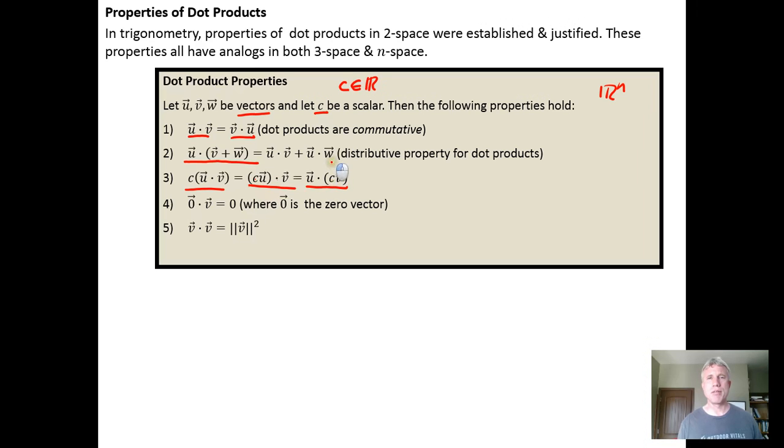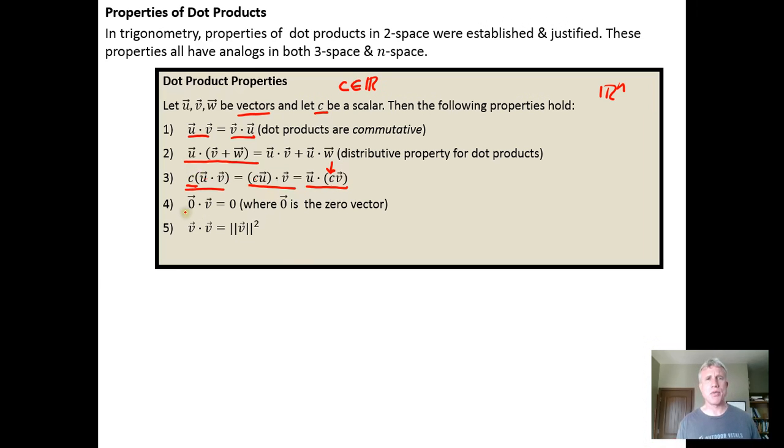You could then factor that common factor out, pull it out front, and take the dot product first. What this allows you to do is take a dot product with components of smaller size, so the calculation's a little bit simpler, and then scale it if you need to.